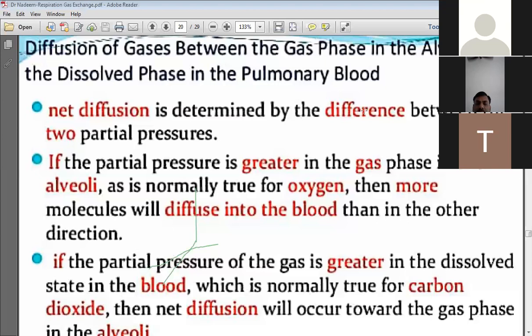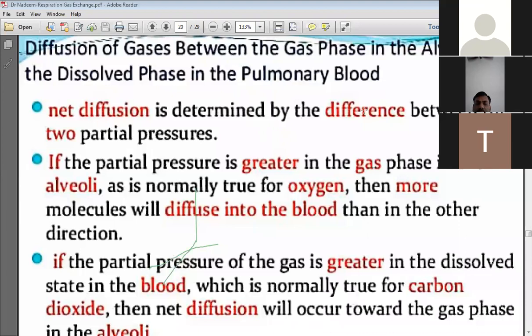This has to be exchanged. What is the main agent? It is the partial pressure. This is responsible for the exchange of gases, that is O2 and CO2. The difference between these partial pressures is applied for the exchange of gases.